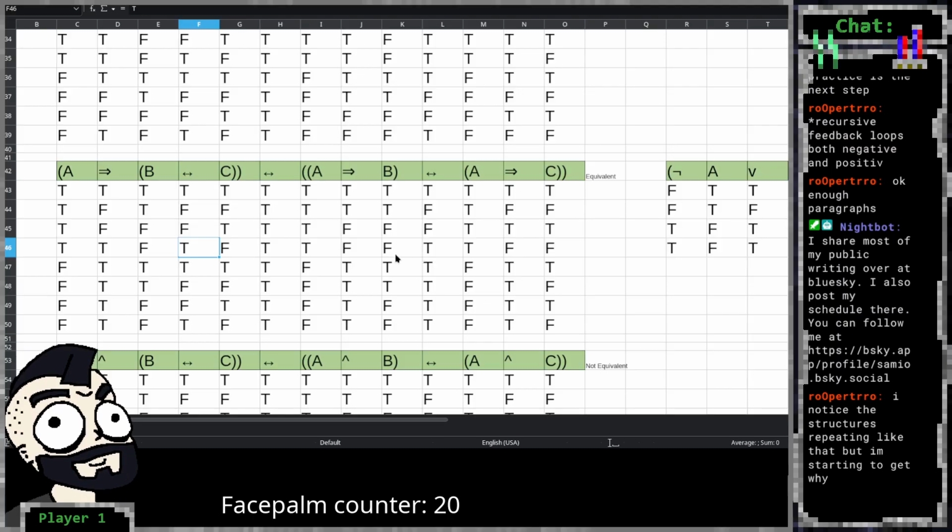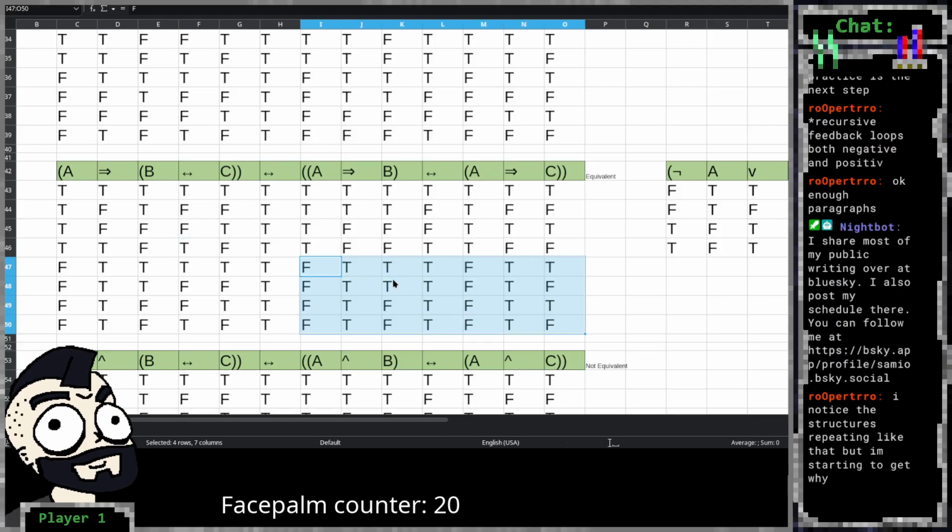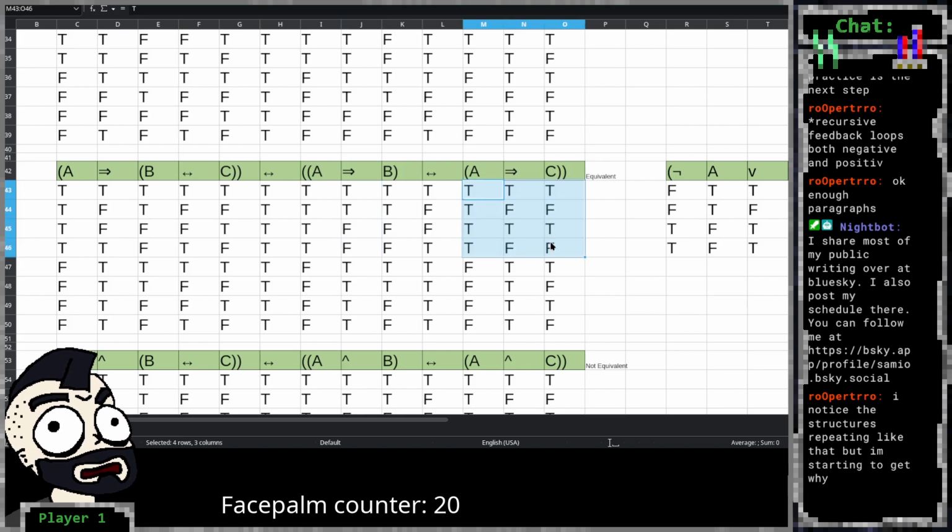Now we go to this side. The bottom 4 rows are all automatically true because A implies whatever, as long as A is false. And then we have A implies B, as long as B is true, therefore TTFF, true, true, false, false. A implies C, as long as C is true, true, false, true, false.